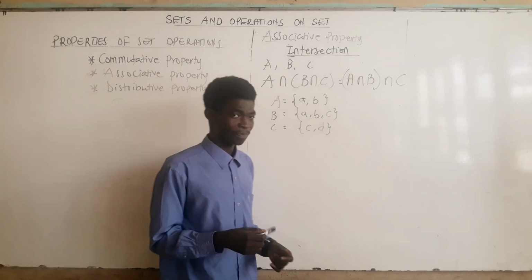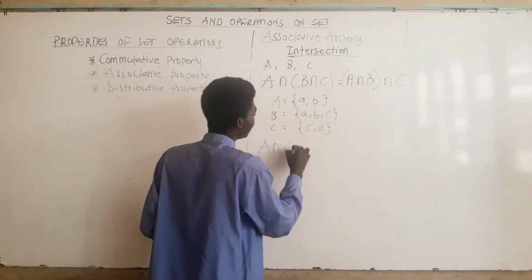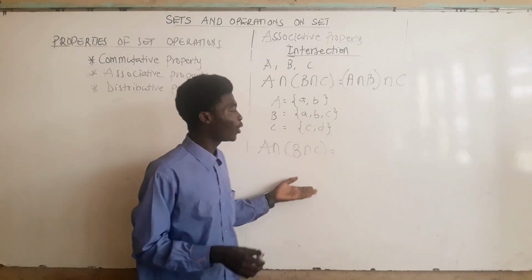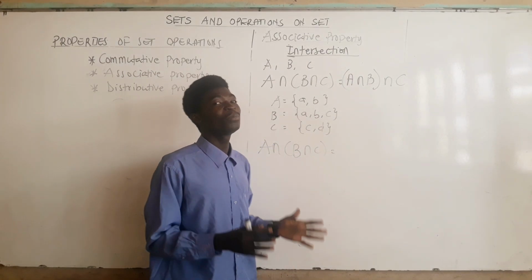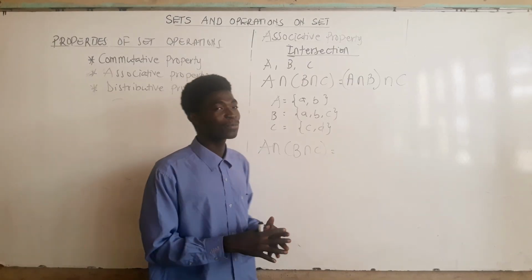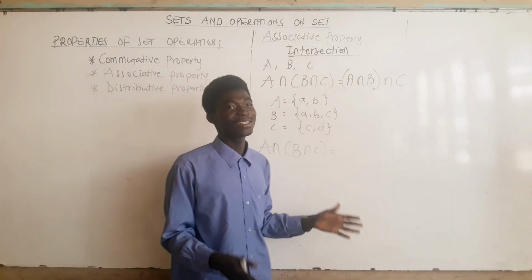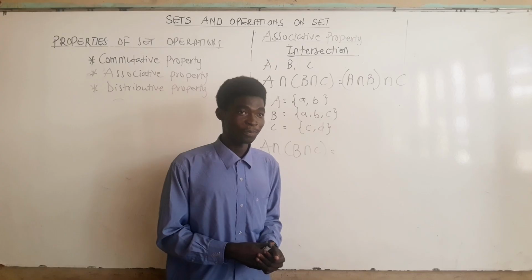Now let's see: A intersection (B intersection C). Will the result of this be the same as this? The result should be the same. That is what the associative property is saying. If the result differs, that means you have to check your solution.